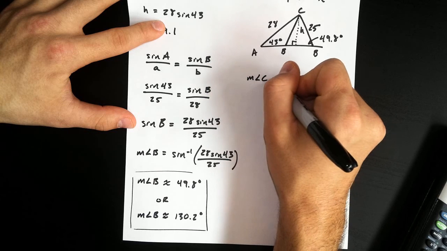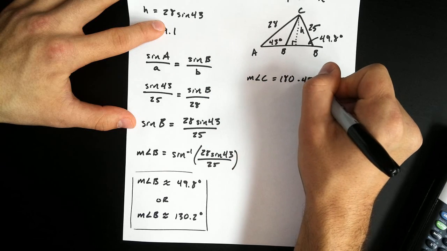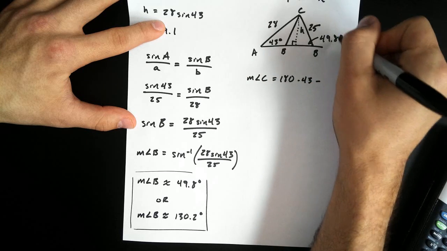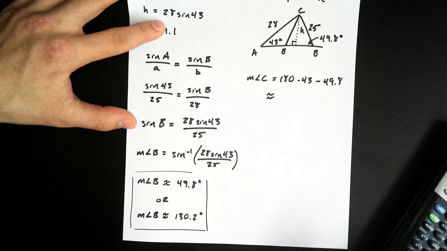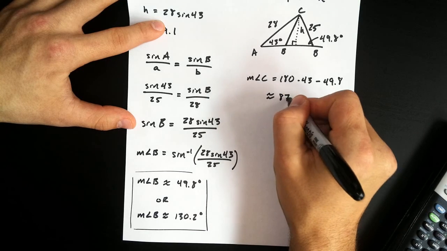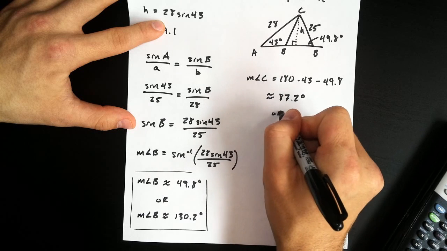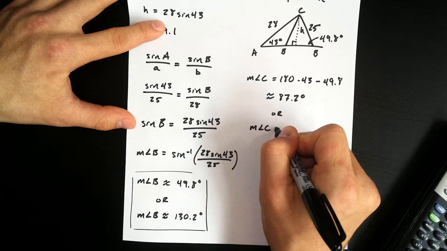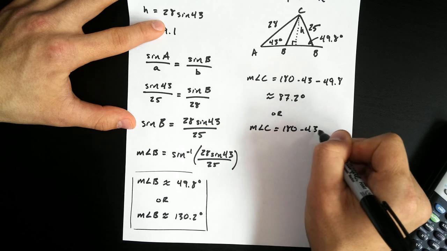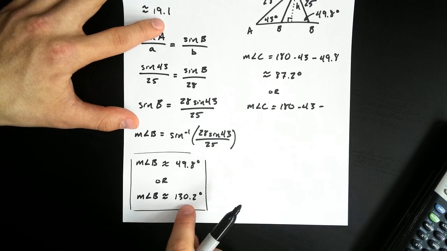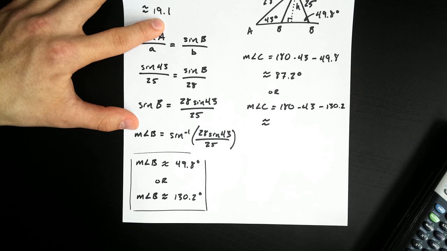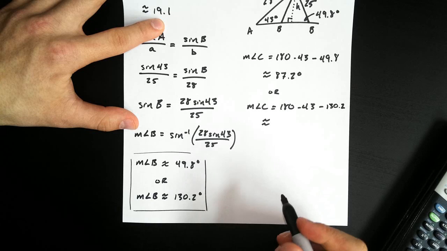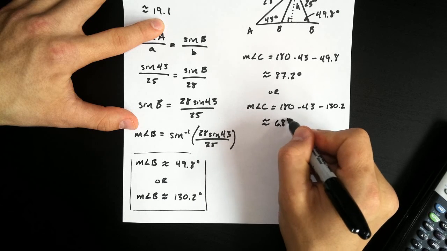So for our first one, the measure of angle C, 180 minus 43 for angle A, and then we'll subtract the 49.8 for angle B. So that ends up being about 87.2 degrees, or do 180 minus 43 for angle A again, and we'll subtract our other possibility for angle B, 130.2. Which gives me 6.8 degrees.